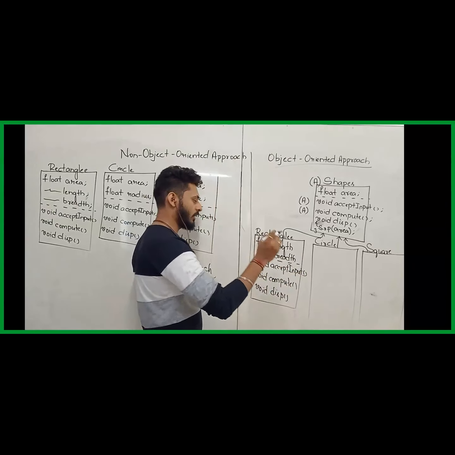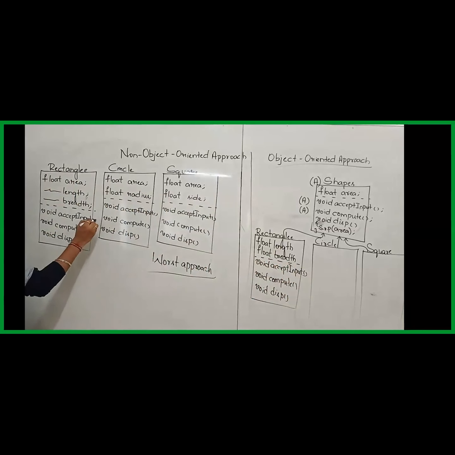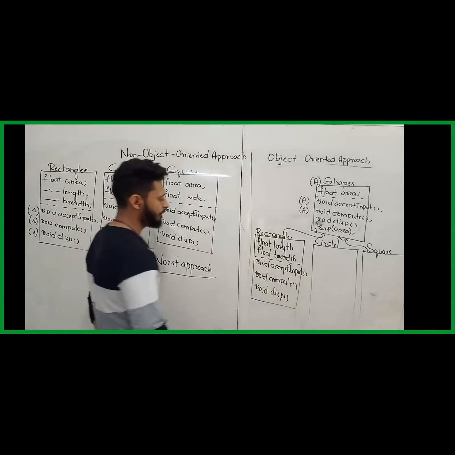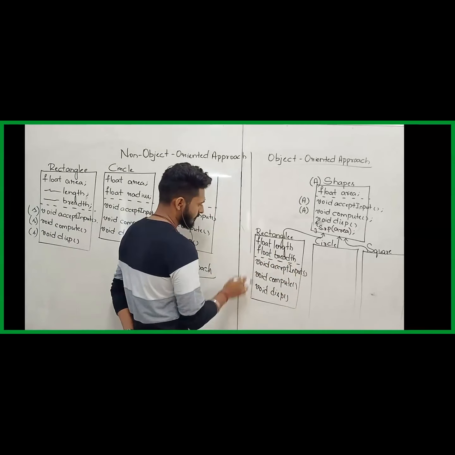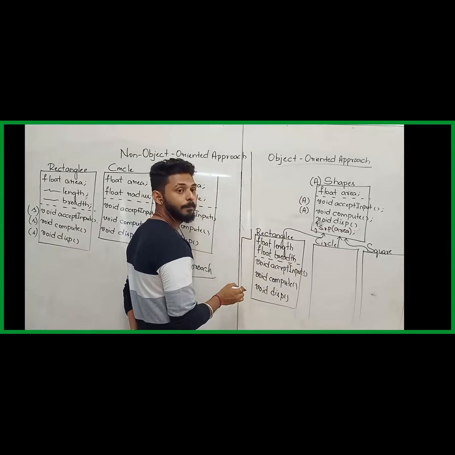But however, this time, previously, if you observe, accept input is of type what? Here I'll write it. Accept input is of type what? Because there was no parent class concept previously. But now, here, accept input is of type what?